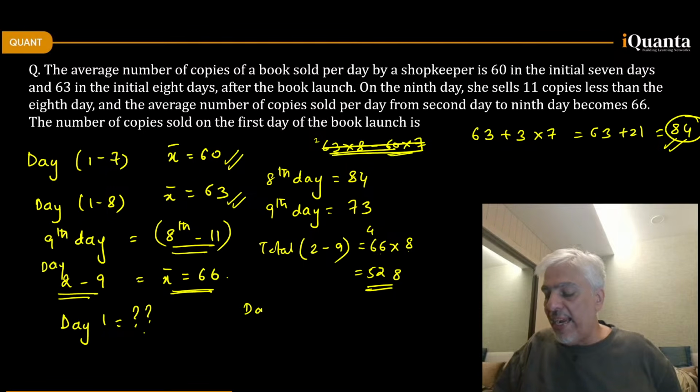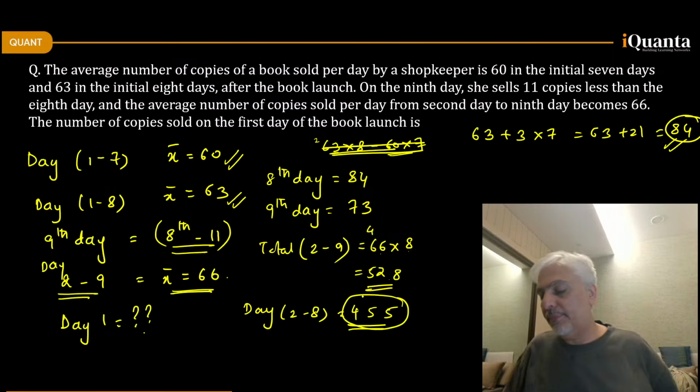So 2 to 8, we take 528 minus 73. That will be 455, day 2 to 8. And I already know day 1 to 8. Day 1 to 8's average was 63.